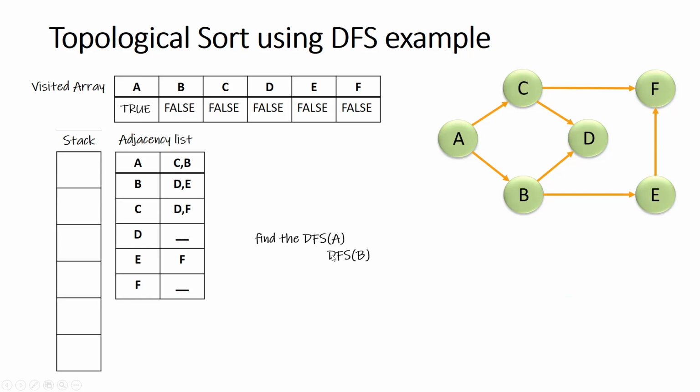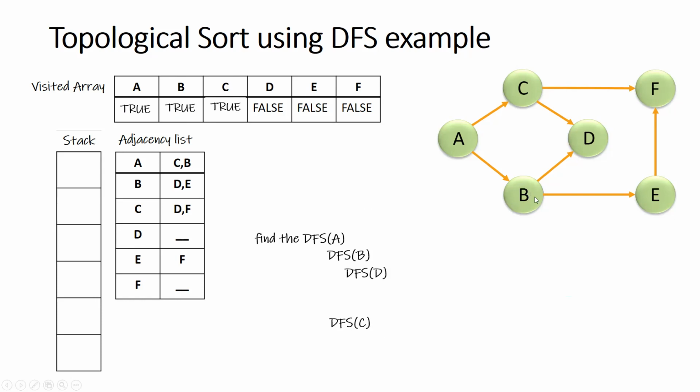Then A has a direct connection with C and B. As we said, we are going through alphabetic order, so we'll choose B and mark B as visited, then C, and we will mark C as visited as well.